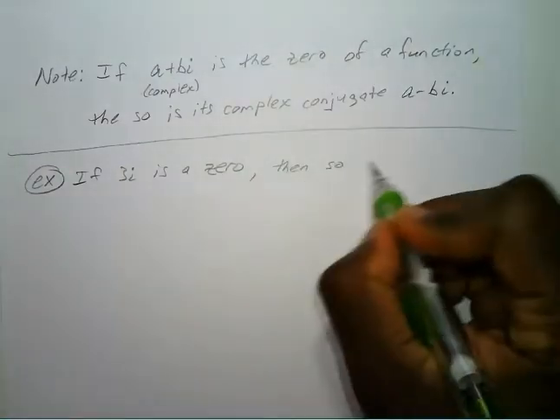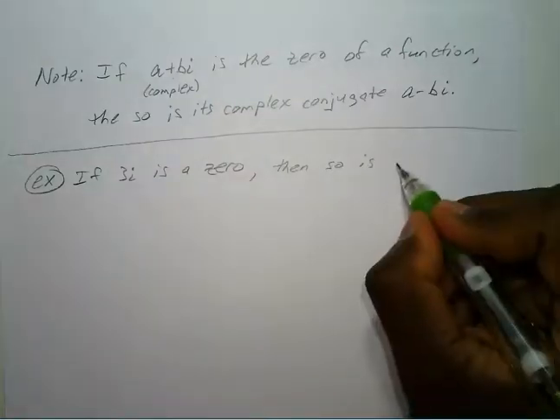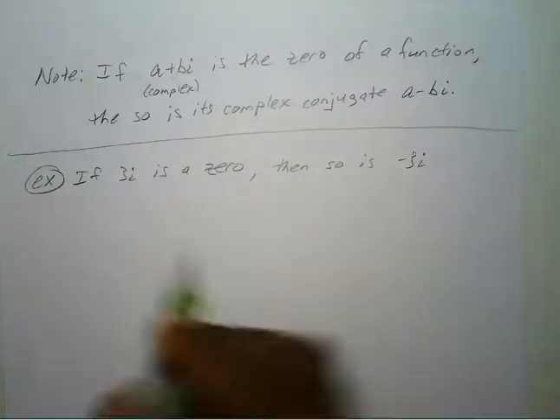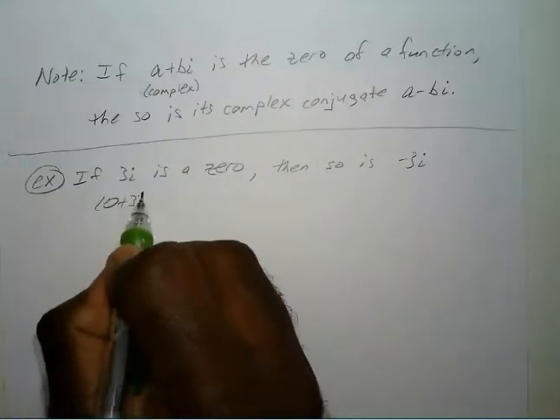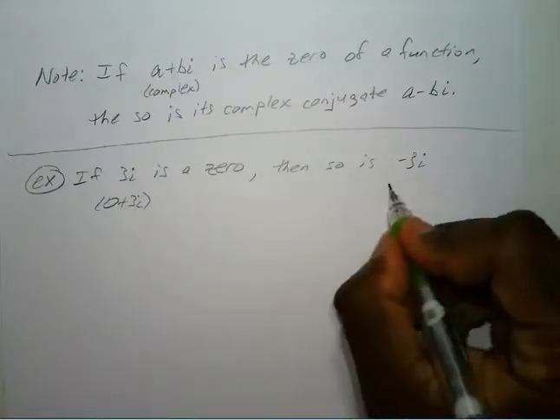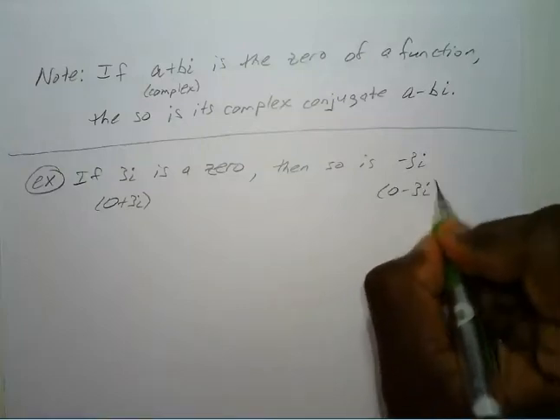Then so is its complex conjugate, negative 3i, because 3i is just 0 plus 3i, and its complex conjugate is 0 minus 3i.